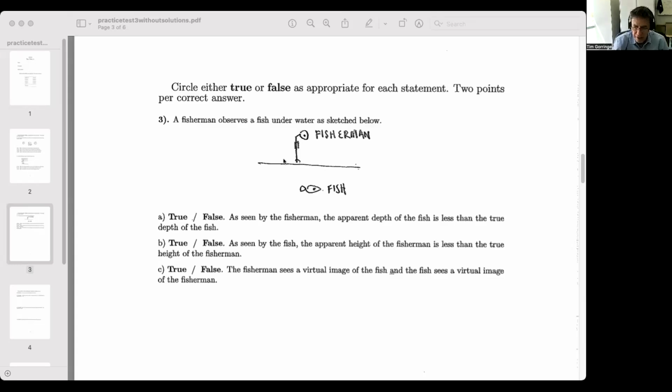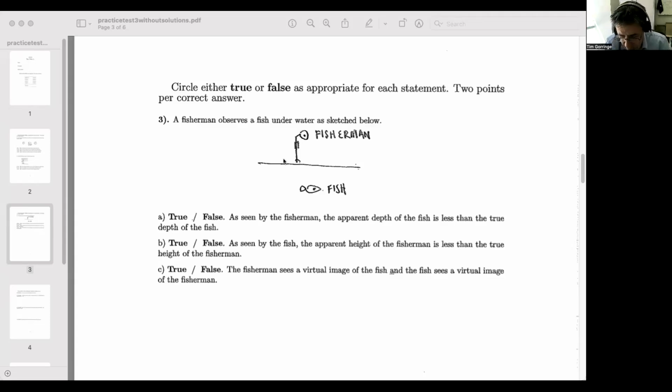So in both cases, they're seeing an image of the original object, the fisherman or the fish, that's made by the refraction at the interface between the air and water or the water and air.